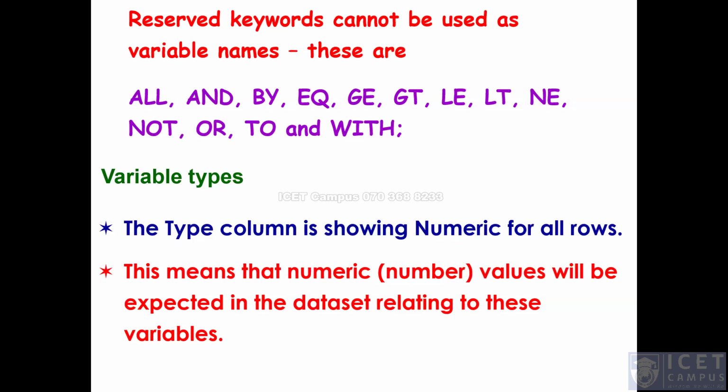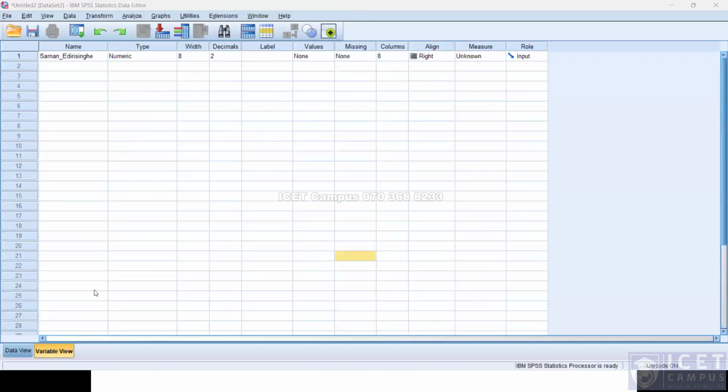Right, variable types. The type of the column showing is numeric for all rows. This means that numeric values will be expected in the dataset for these variables. Here I am trying to add variables.